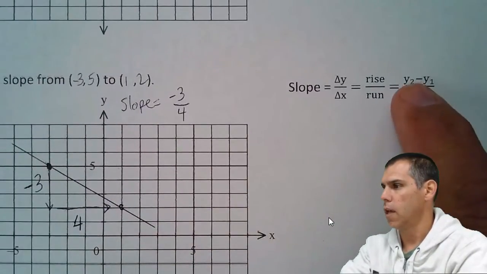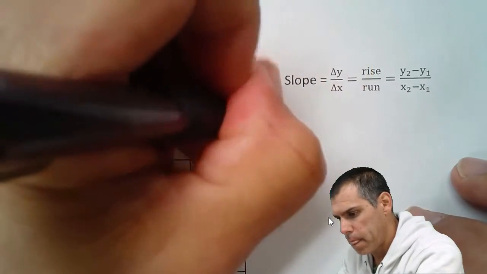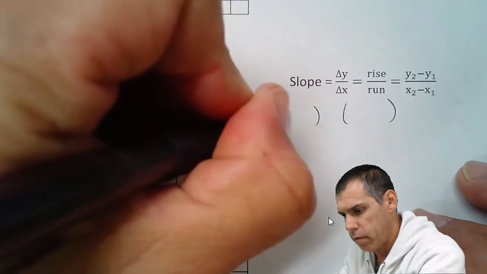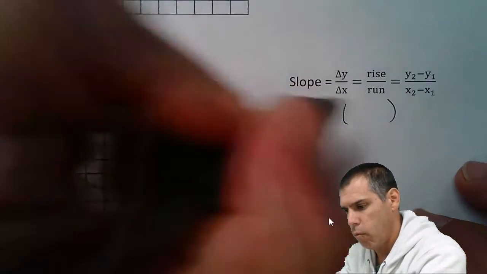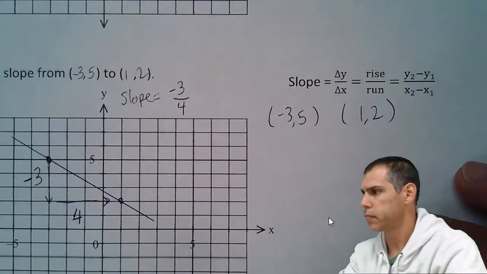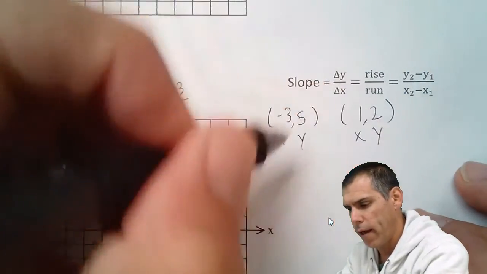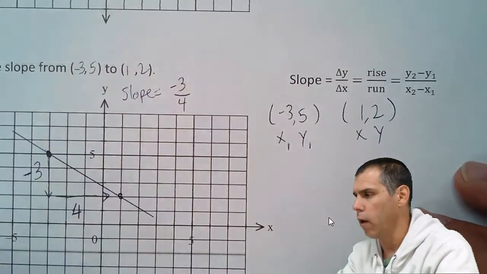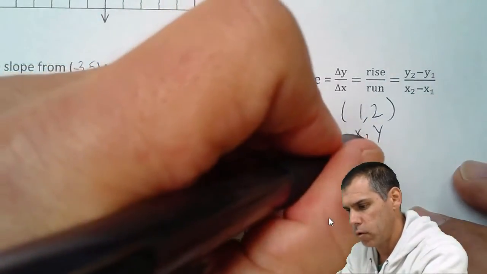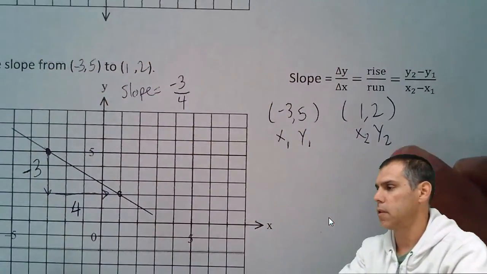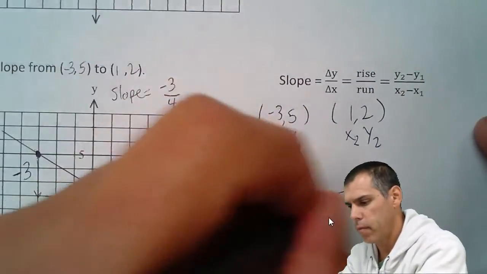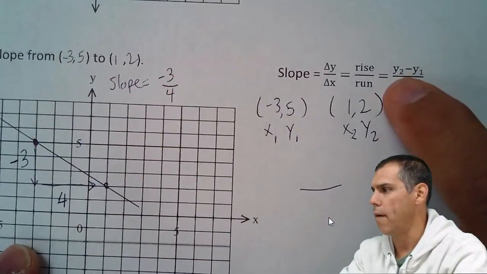And we're going to use this, let's see, I'm going to make these points a little bit bigger. -3, 5 and 1, 2. And this is the x value and the y value. This will be my point 1, and this will be my point 2. And so on top, I have to subtract the y values.